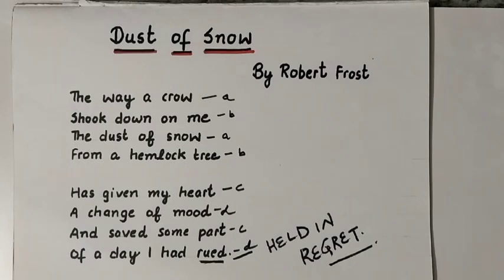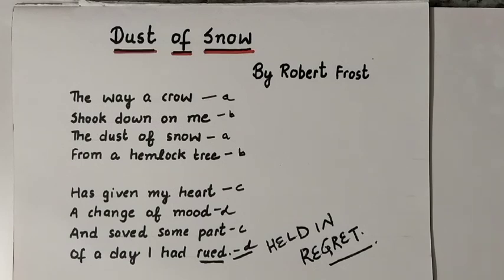And because of that, some part of the day was saved. Some part of the day was saved in the sense that the remaining day became better. Otherwise, my whole day would have been ruined as I had rued. As I had rued means as I was holding the day in regret.